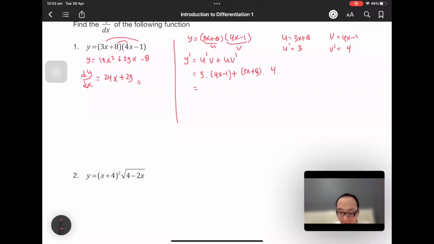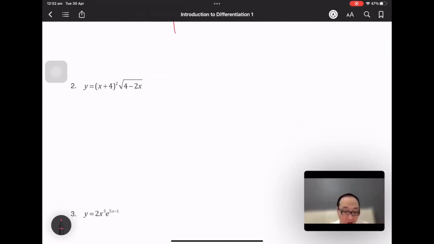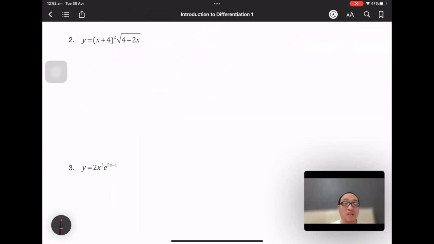And then we simplify: 12x minus 3 plus 12x plus 32 equals 24x plus 29. So the same result. Yeah, that's number one. Maybe it's easier to expand instead of using the product rule. But if you have question number 2, it's impossible to expand this. That's why we need the product rule.